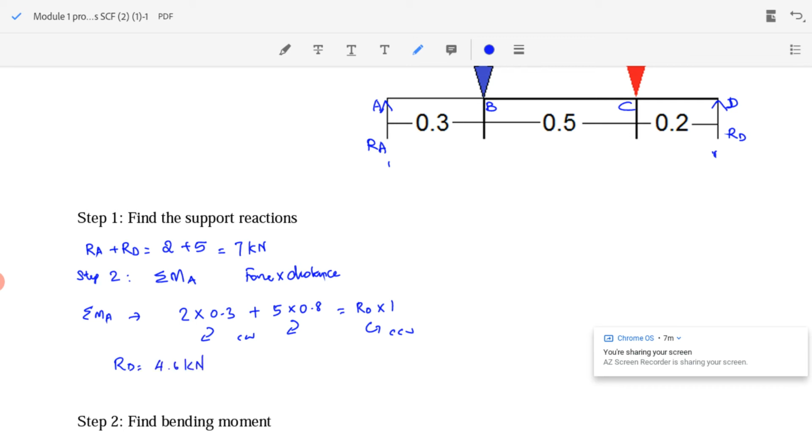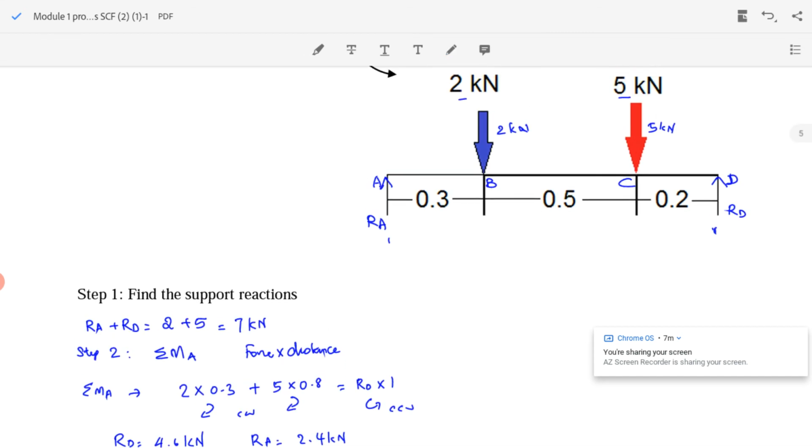Substituting in step 1, I will get RA equal to 2.4 kilonewton. So I have found the values of RA and RD. I will write those values in the figure. So I got RA equal to 2.4 kilonewton and RD equal to 4.6 kilonewton.